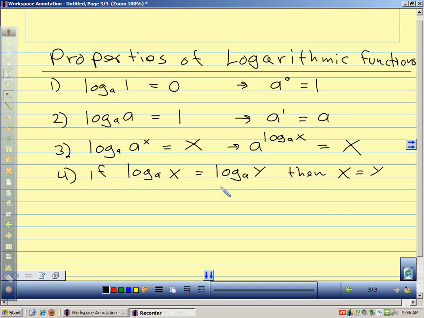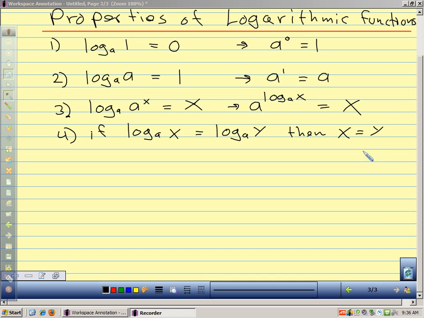It's not exactly canceling each other out, but that's kind of how it works out. So if we have the same base and the two logs are equal to each other, then whatever's inside of our function equals each other also. So these are some properties of our logarithmic functions.